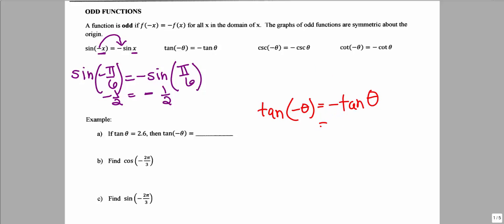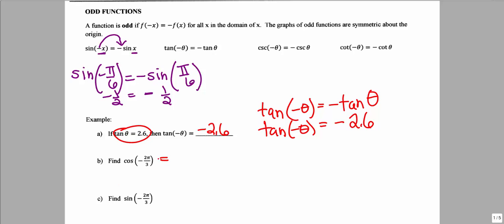Well, we already know tangent theta is equal to 2.6. So let's substitute tangent theta with 2.6. So now we would say that tangent of negative theta would be equal to negative 2.6. So the outputs would be the same numbers but opposite signs if the angles on the inside are the same values but opposite signs.